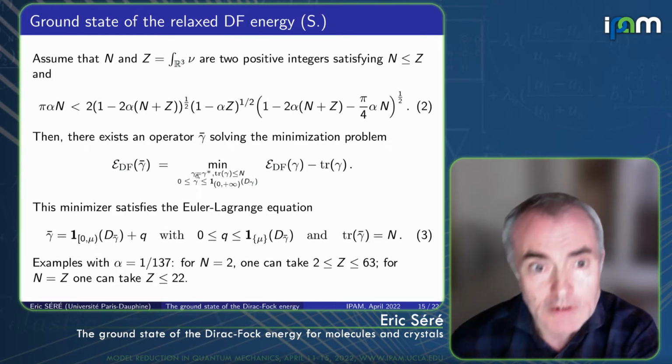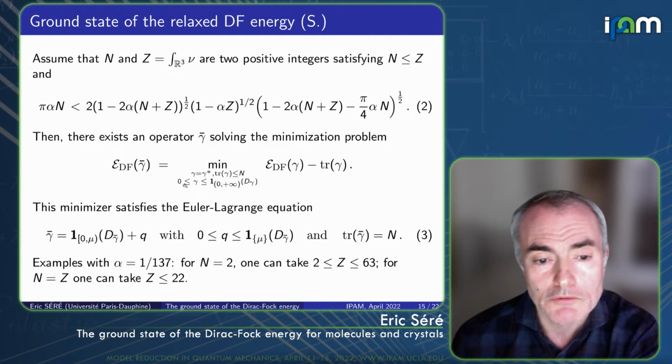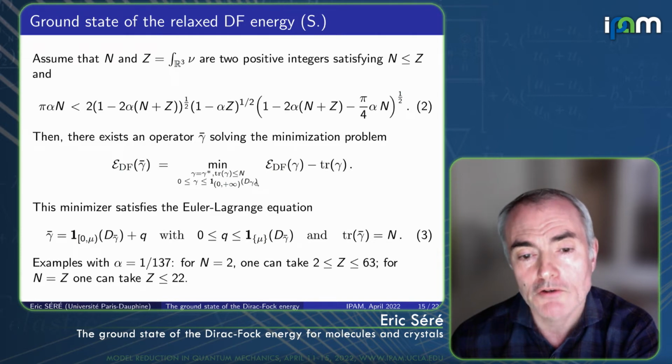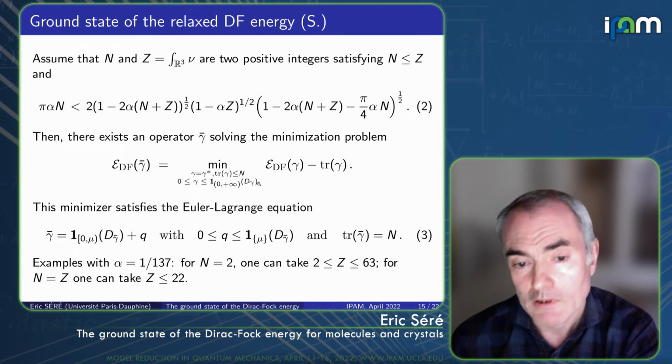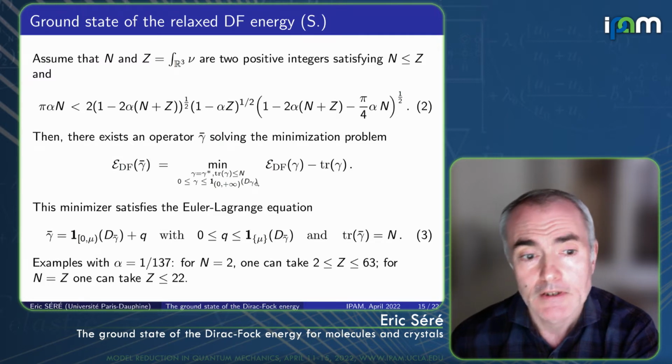In fact, you don't impose that gamma square should be equal to gamma, but your self-adjoint matrix gamma should be larger or equal to 0 and less or equal to the positive spectral projector of d gamma. And now this is no longer a convex constraint. It's a non-convex constraint. Okay?